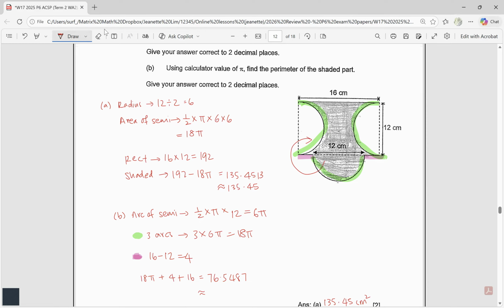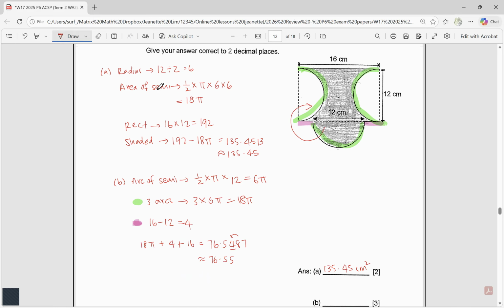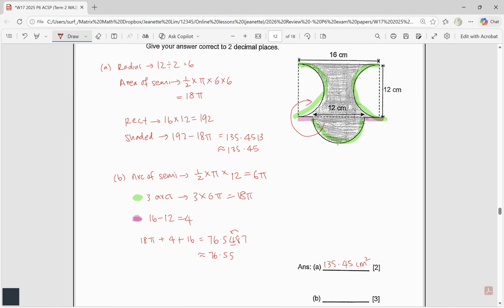Then 2 decimal places. So this is the second decimal place. You need to look at the number behind. It's an 8, so you need to round it up, 0.55. Since this is perimeter, so answer in cm.